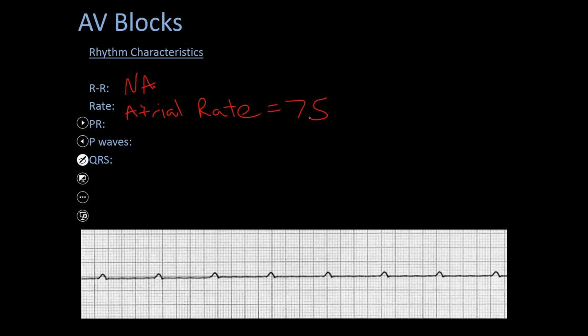But the ventricular rate is 0. PR is NA. There's no PR. P waves, well, that's all that they have, P waves. And QRS is NA.